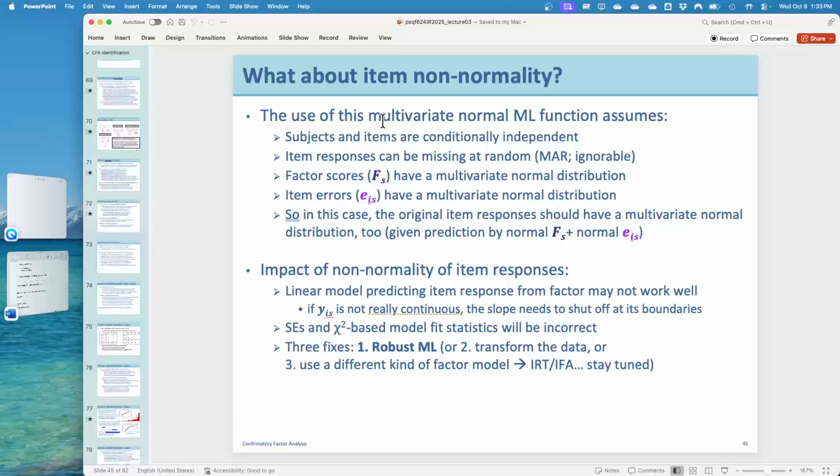But if we have non-normality, if we truly have non-normal item responses, what do I mean by that? Well, Likert items, right? 1, 2, 3, 4, 5. Our linear model predicting our item response function for the factor may not work well. Think of it that way. If y is equal to an intercept plus lambda times factor plus error, there's cases where that factor will give you predicted scores that aren't possible.